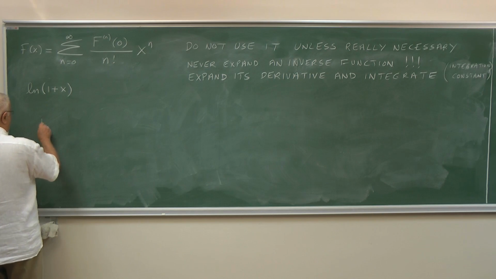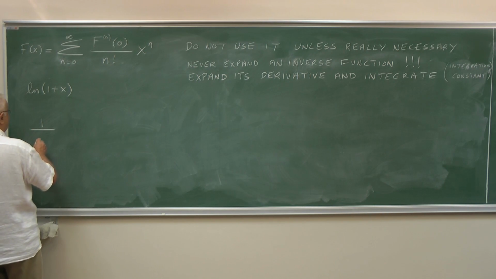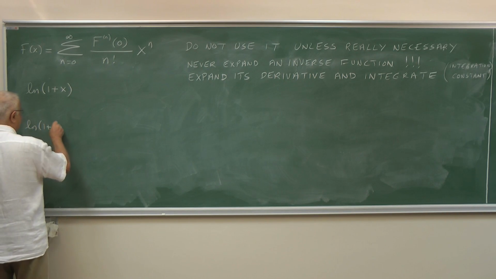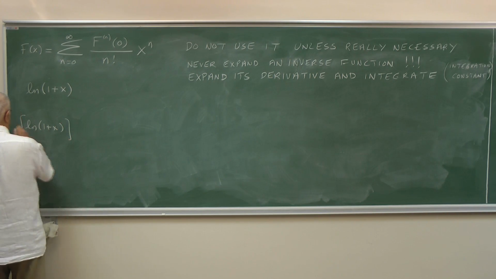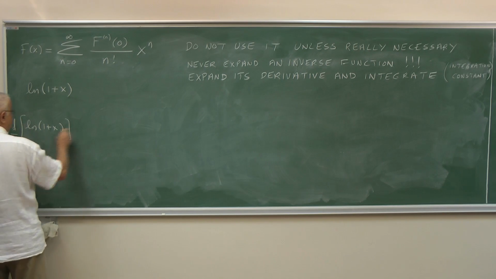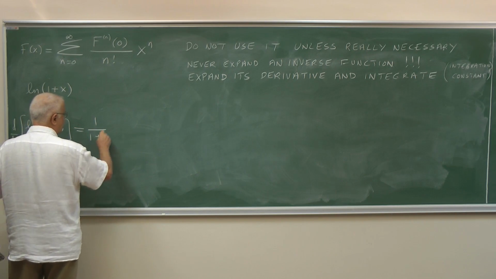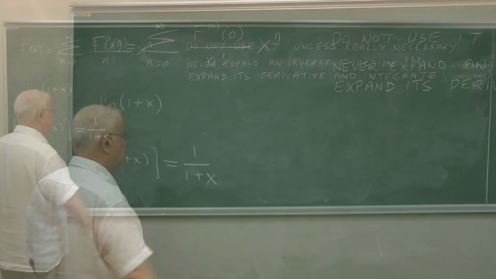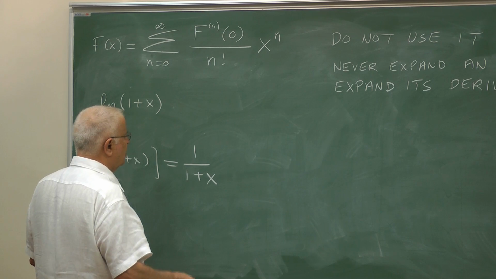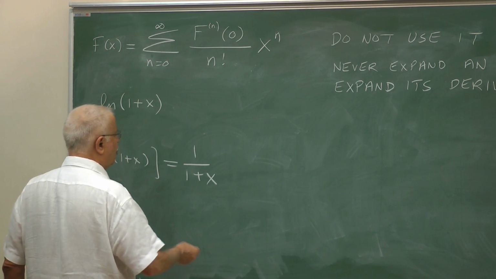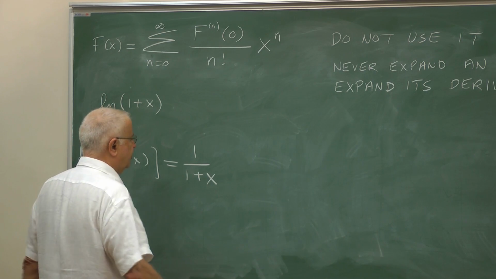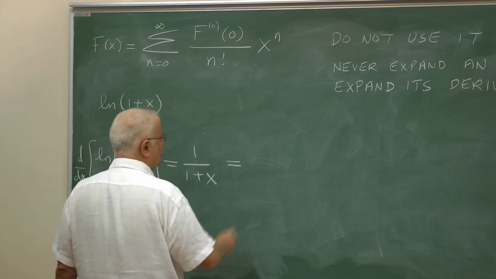We go to its derivative, or let me do it formally, d dx of ln 1 plus x equals 1 over 1 plus x, which is either you can use the binomial expansion formula 1 plus x to the minus 1, or simple geometrical progression.